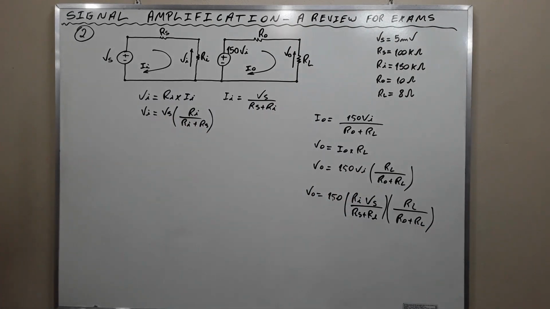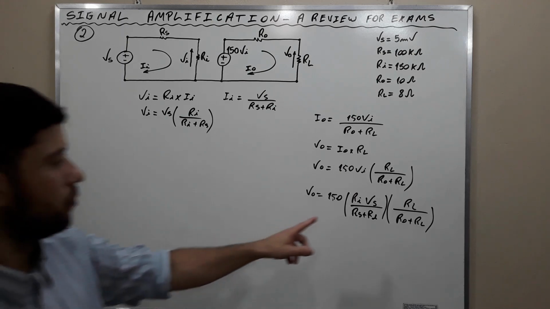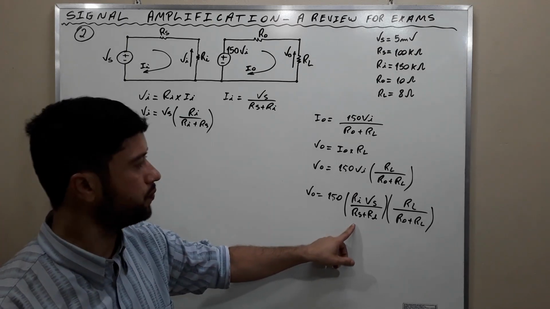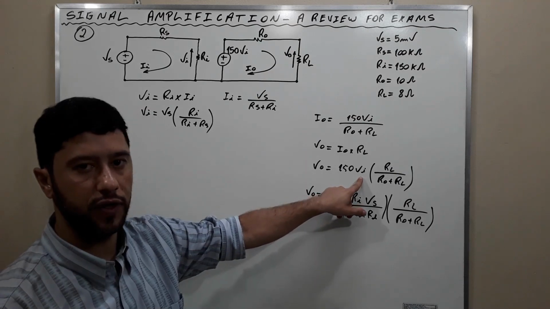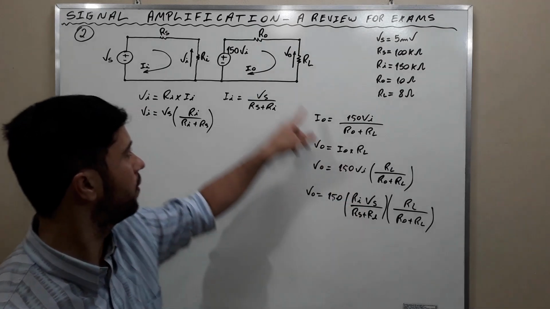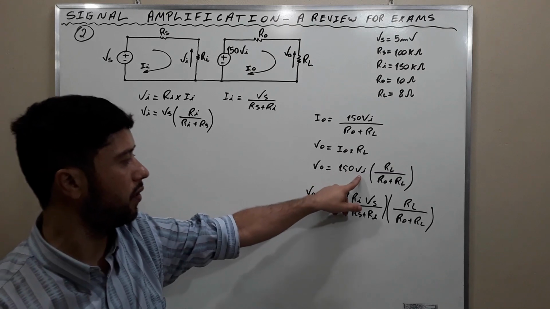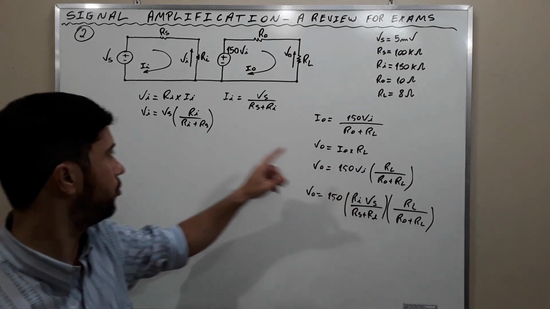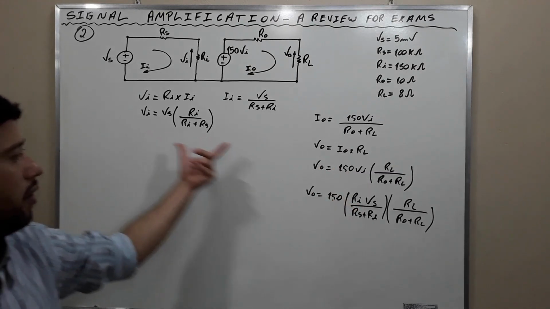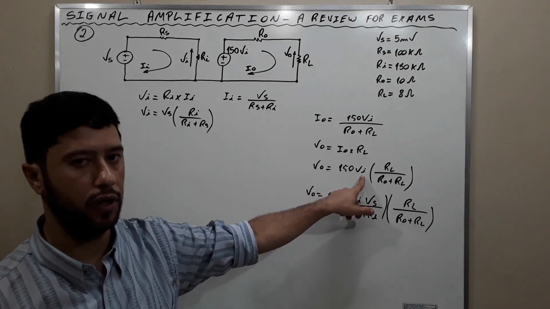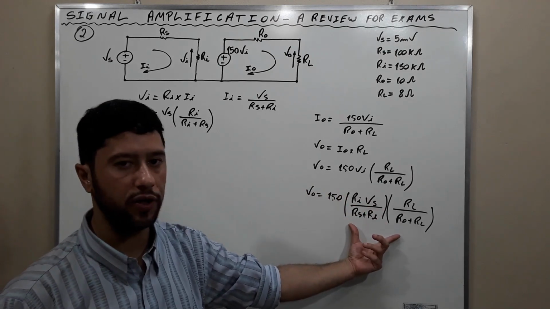Okay? How is it possible? Observe that we have a Vi here, alright? We have a Vi here. We simply substitute. We take this and put here. And the expression becomes this.